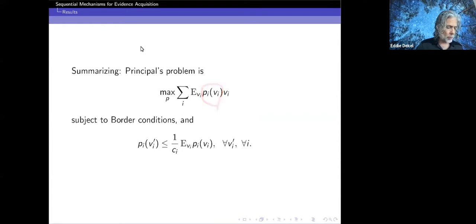That's the interim probability for player I. We're looking for the P's that are feasible, satisfy the Border condition, and satisfy this combined evidence constraint and incentive compatibility condition. If we have this, we know that we can squeeze the EI in between, and therefore we can satisfy both the IC and the feasibility conditions. So now this is our problem. All of that was just to rewrite the problem in the interim form.